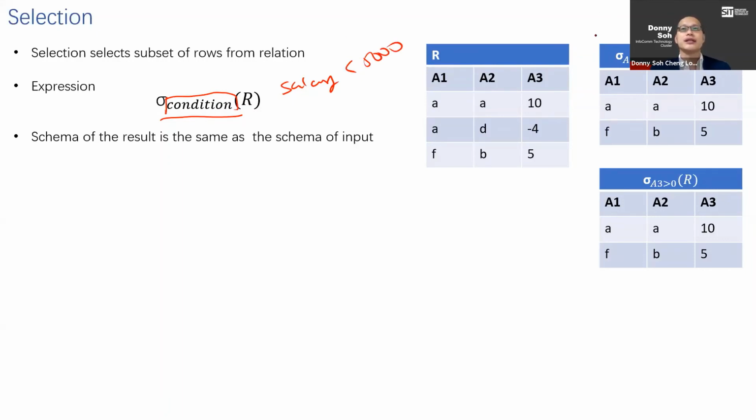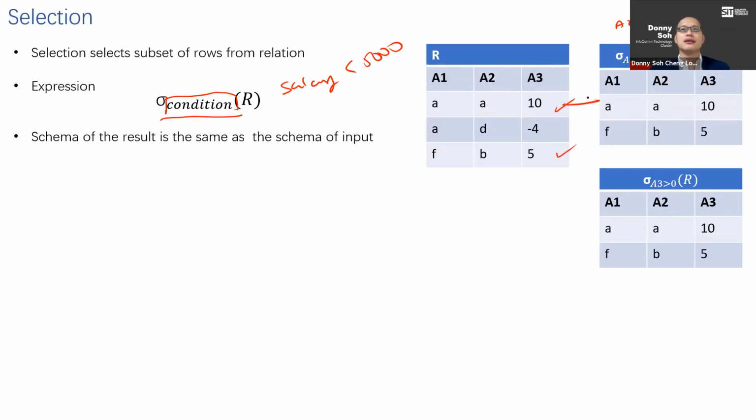In this case, it is where A2 is equals to A or A2 equals to B. So how we read it is that we are selecting all the rows where either A2 is equals to A or A2 is equals to B. So in this original table, we have A2 where I have this and I have this.